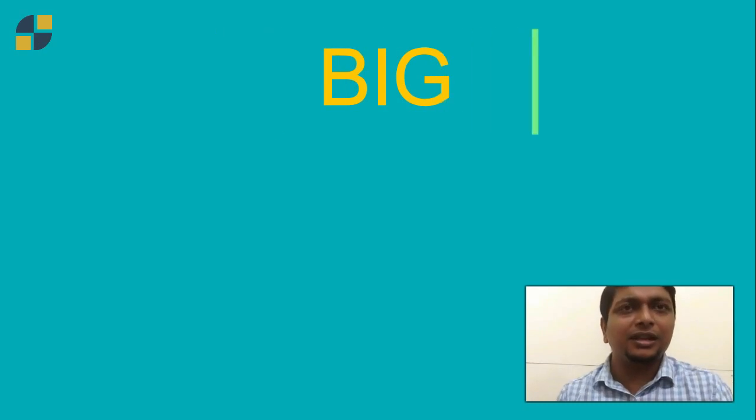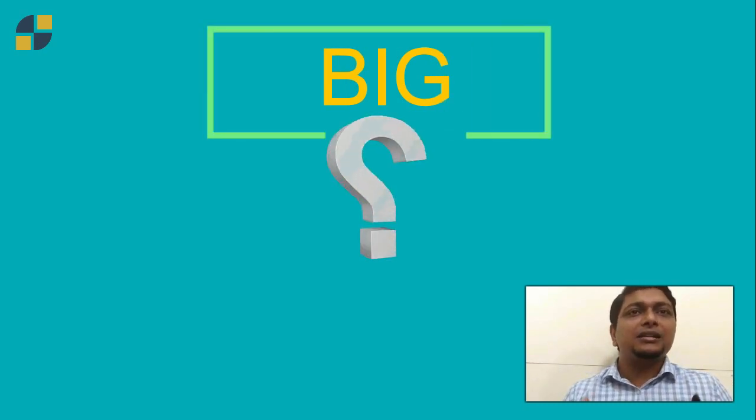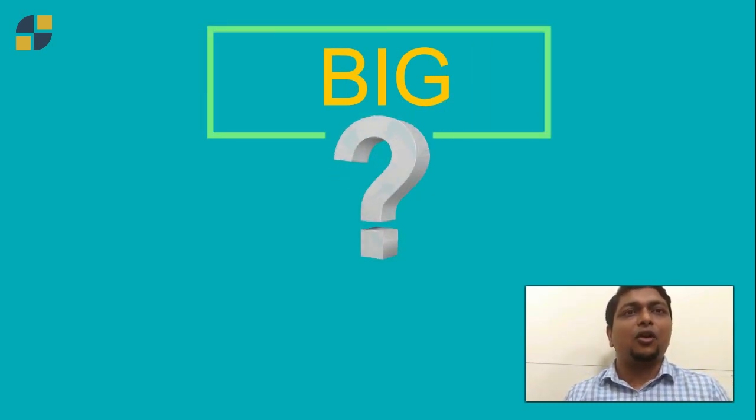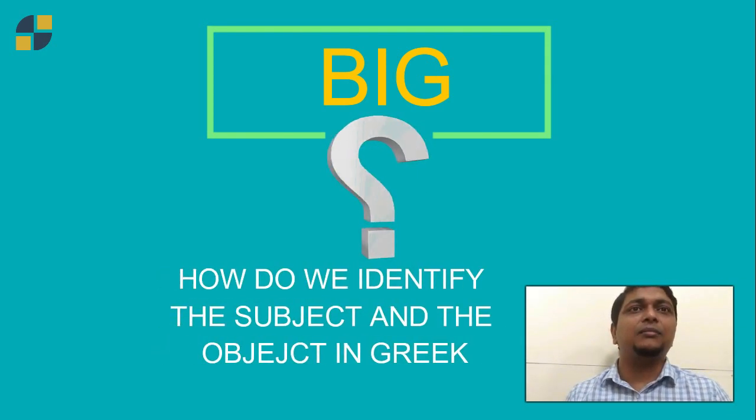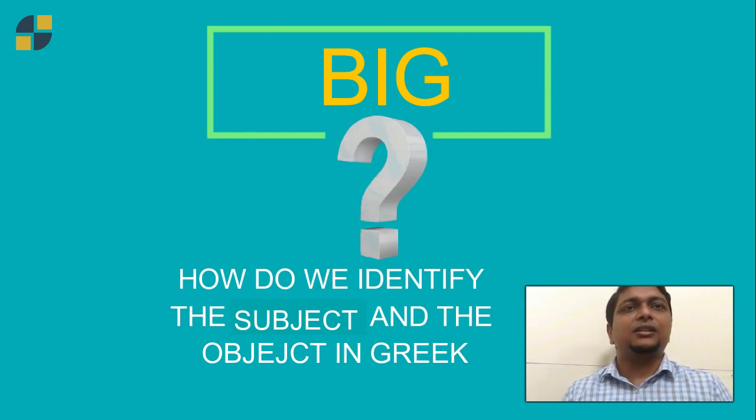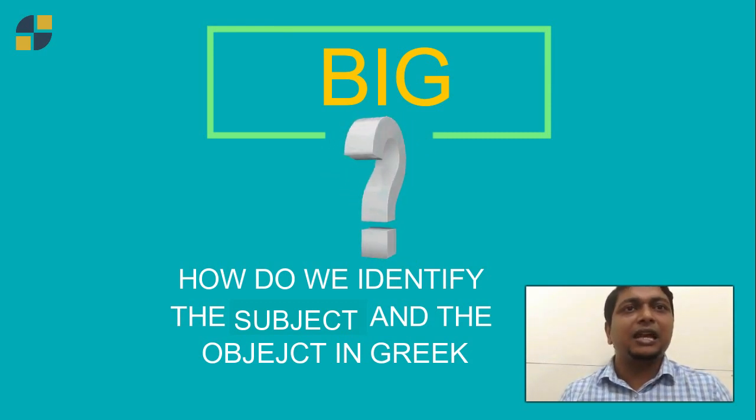The big question is, how do we identify the subject and the object in Greek? Since we are talking about sentence formation in this lesson, I will also discuss the nominative case and the accusative case.